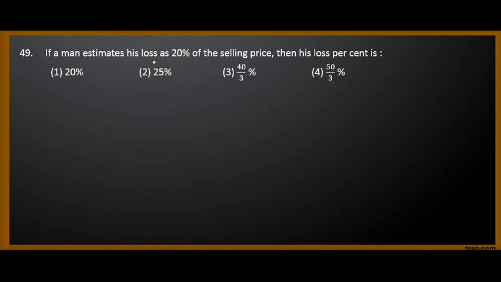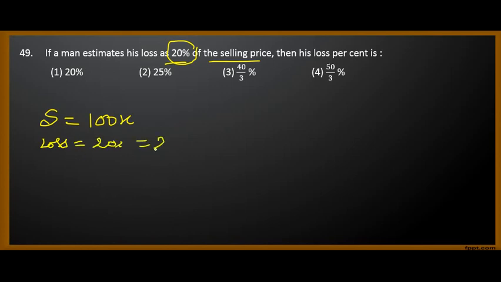If a man estimates his loss as 20% on the selling price, then his loss percentage is? So he calculated loss on selling price. I will assume selling price as 100x. He got a loss of 20%, which is equal to 20x.